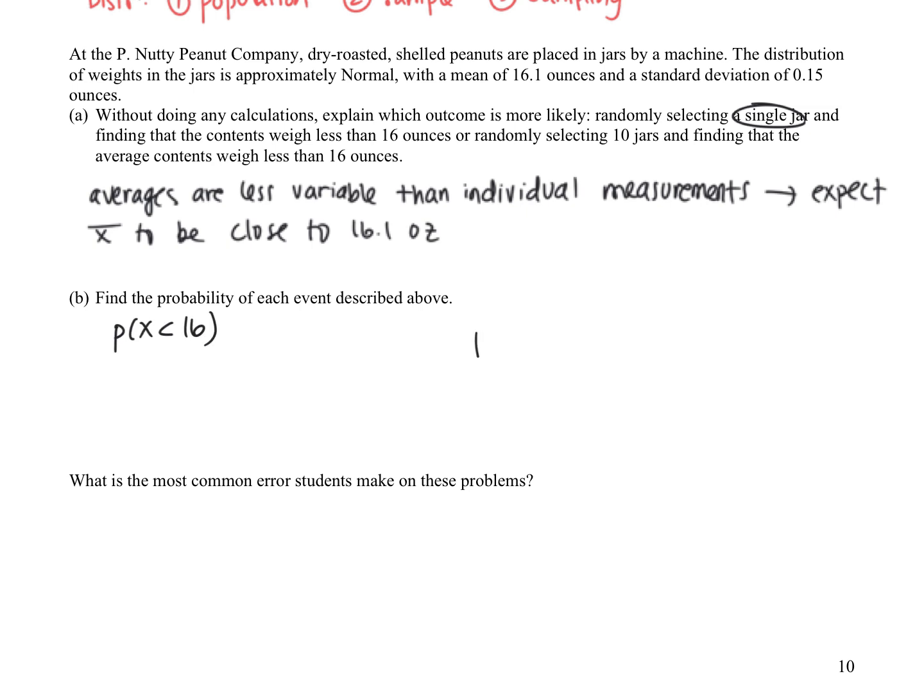We're also going to find the probability that 10 jars, the sample, is less than 16. The one on the left, we already know how to do. We are told that the weight of the jars is approximately normal. So we would say, okay, we know that X is normal. The mean is 16.1, and the standard deviation is 0.15.